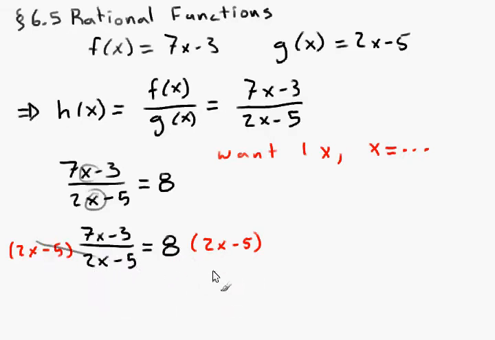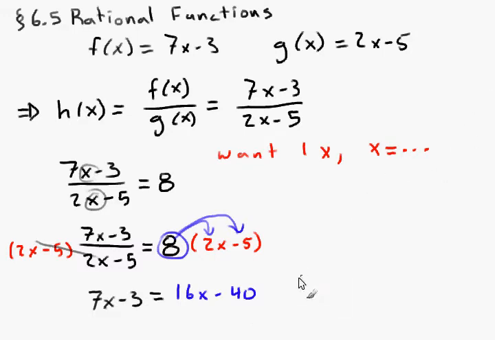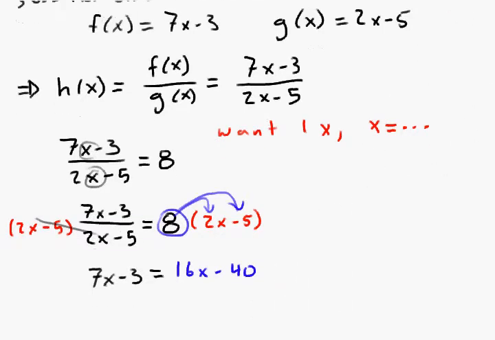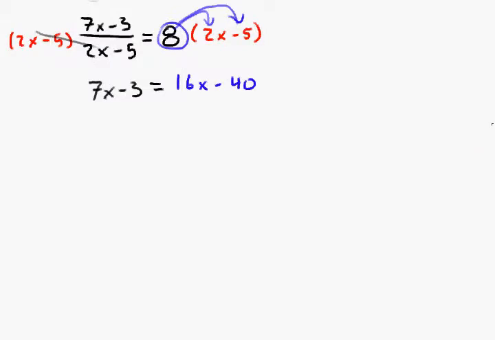These two will cancel. The left hand side will be 7x minus 3, and for the right hand side we're going to have to take that 8 and distribute it. So we'll have 16x minus 40. Now we're going to solve this just like we did previously.